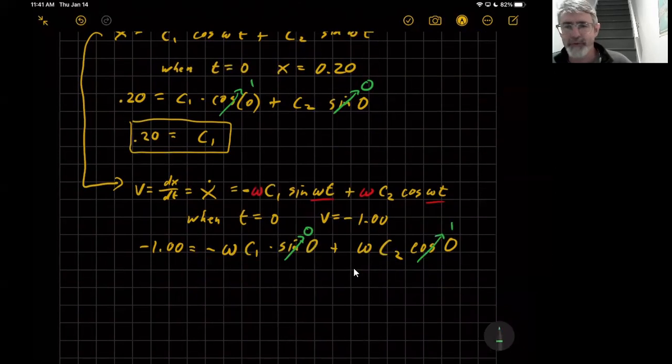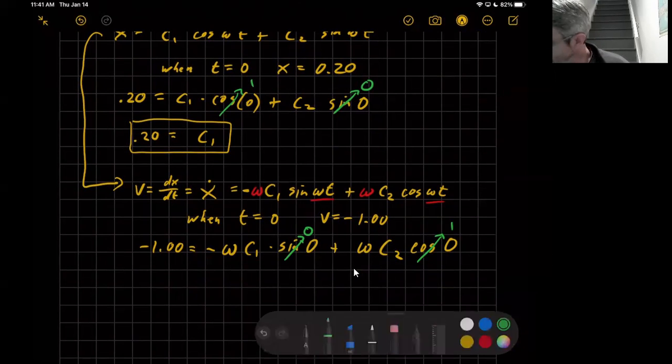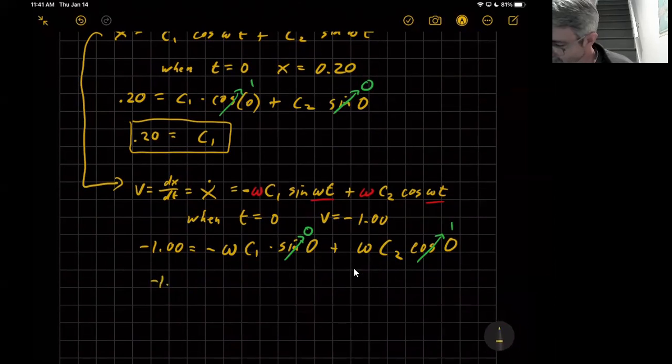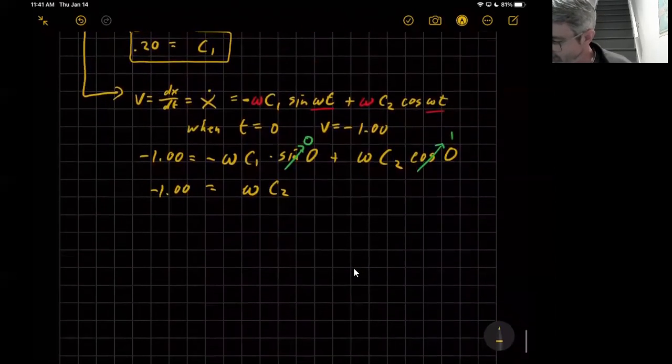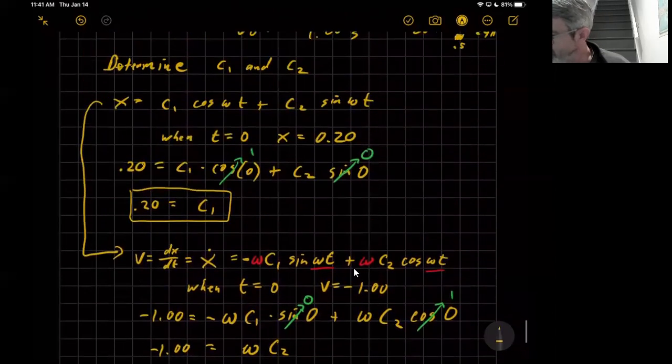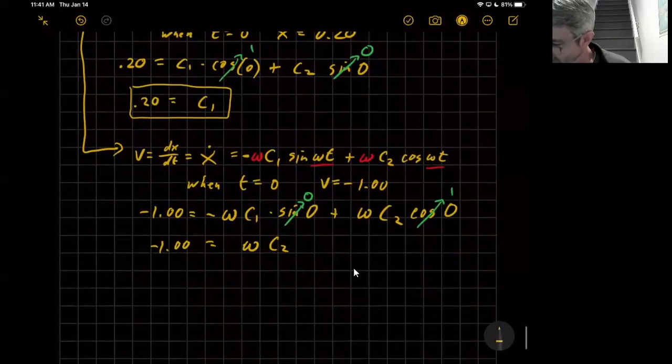That simplifies down to a 1. So we can say negative 1.00 is equal to omega times C2. And for this example, omega is 4 pi. Let me just double check that. Yes, omega equals 4 pi in this example. So 4 pi times C2. So C2 is negative 1 over 4 pi.